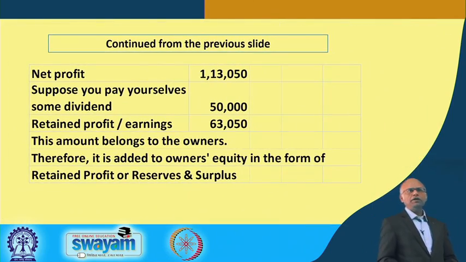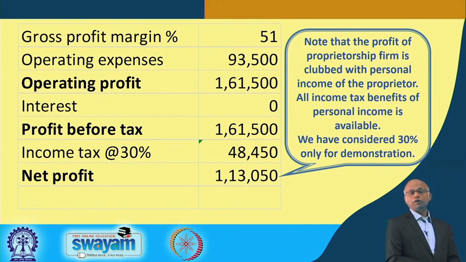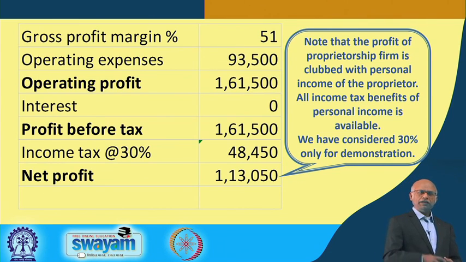Now, we have seen that 93,500 is operating expenses. You deduct this from 2,55,000, which was gross profit. So, operating profit is equal to gross profit minus operating expenses. Then we get 1,61,000, which is operating profit.